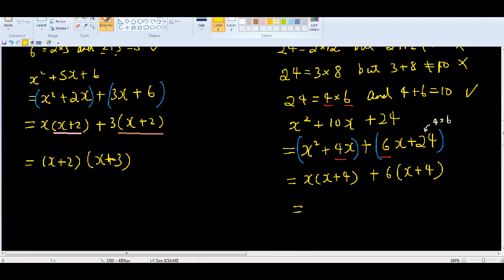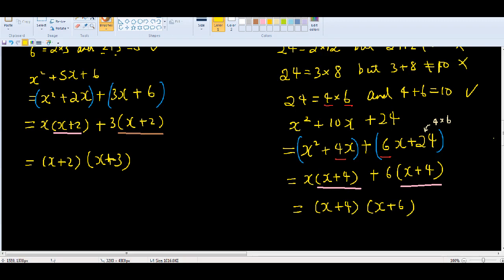Now, this is an important stage. You see both brackets have the same x plus 4. So you take x plus 4 out, and you get x plus 6 left behind.